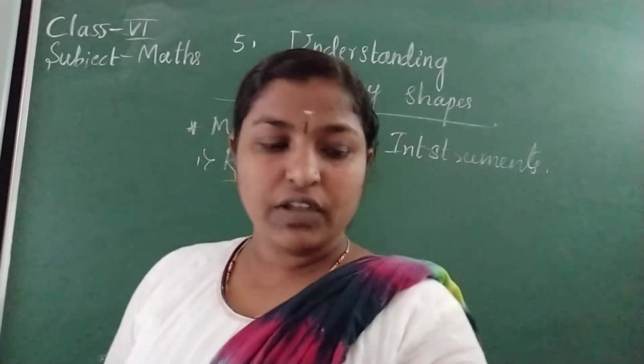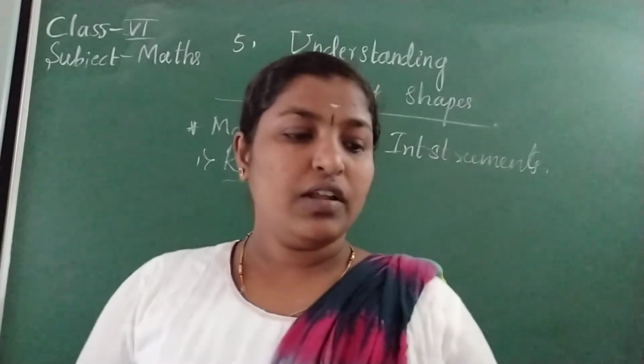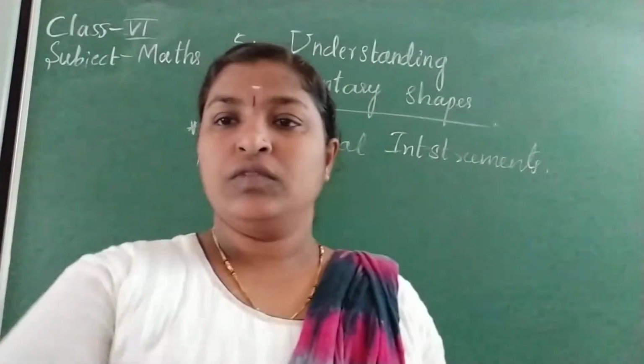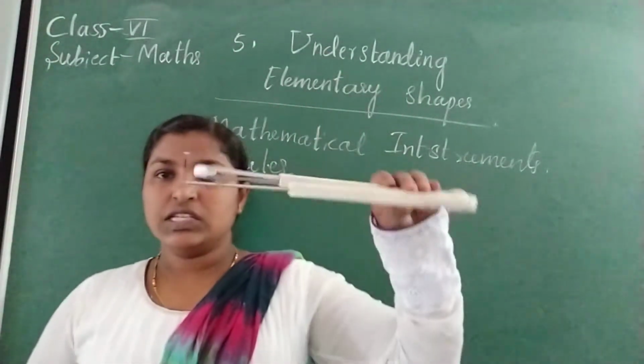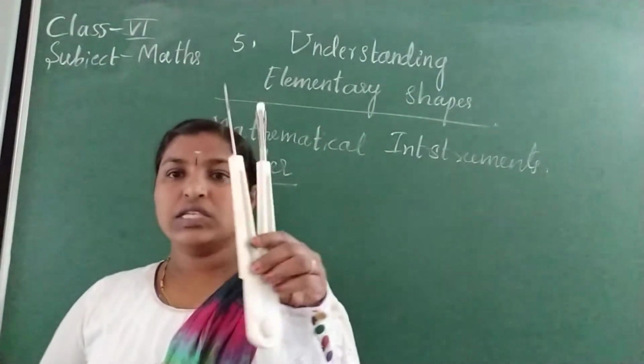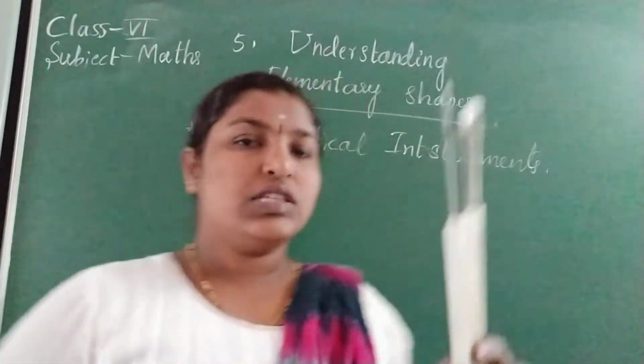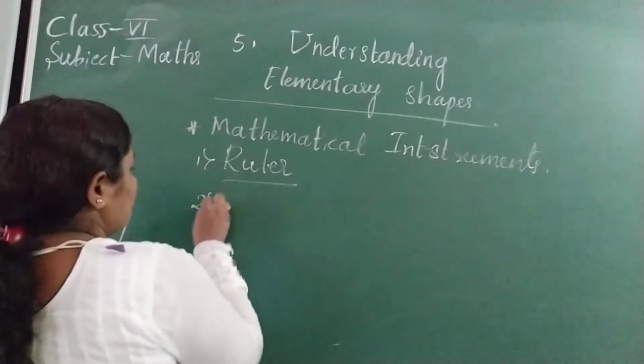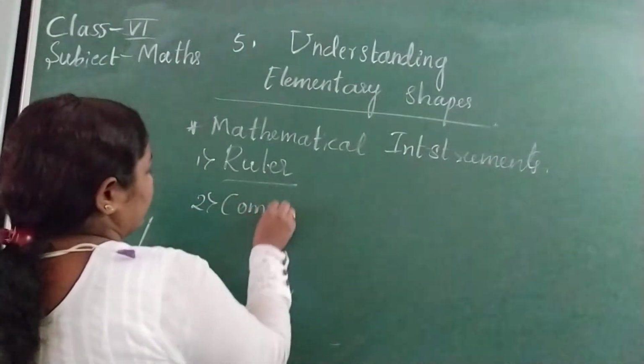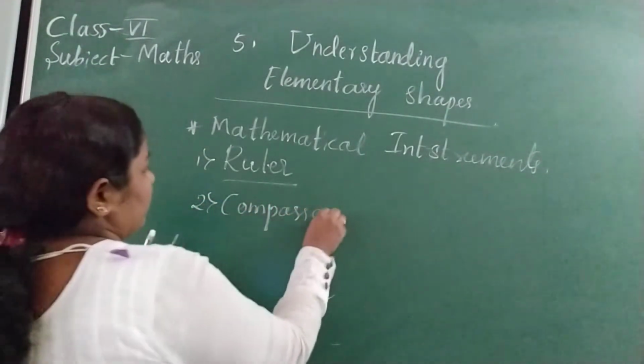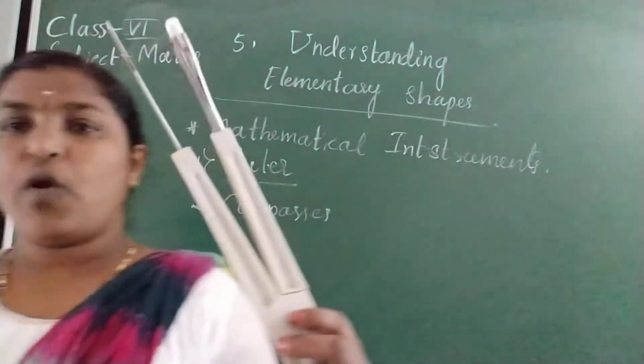Very commonly we will use in our next one is this one, compasses. This is called as compasses. Second one. So this is having 2 points.